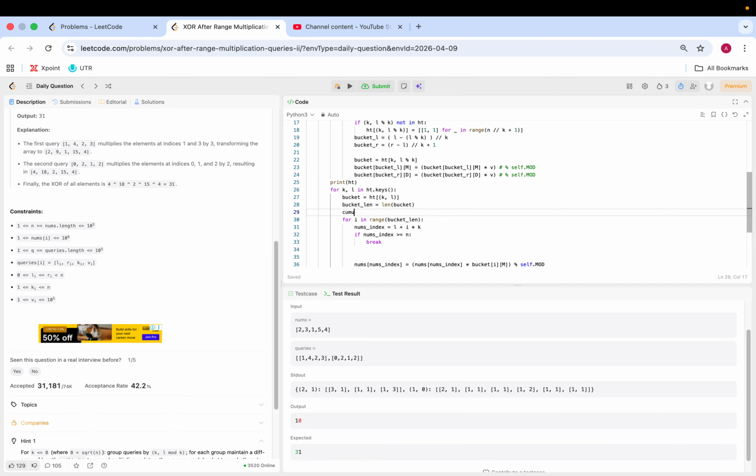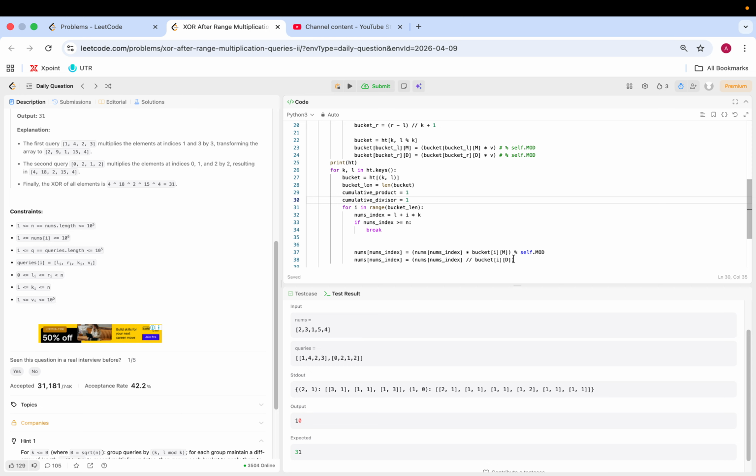Cumulative product equals 1. Cumulative divisor also equals 1. Cumulative product can have the bucket's multiply value, and then you multiply that on.